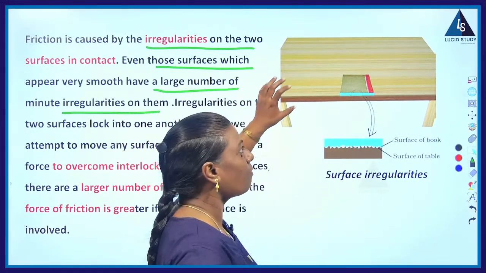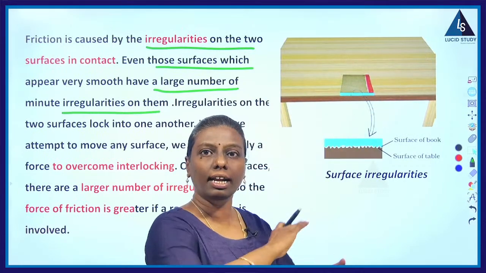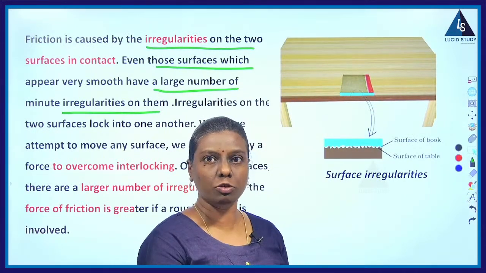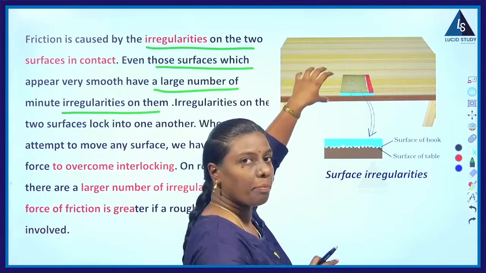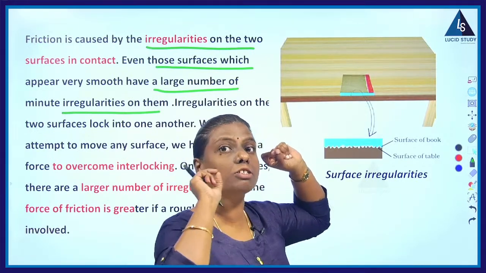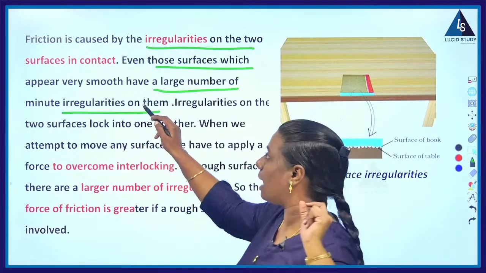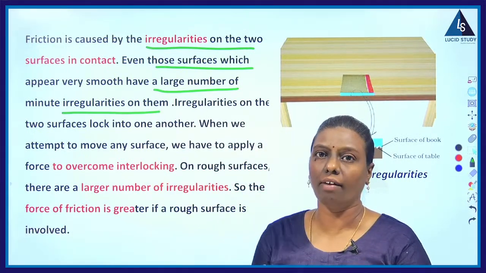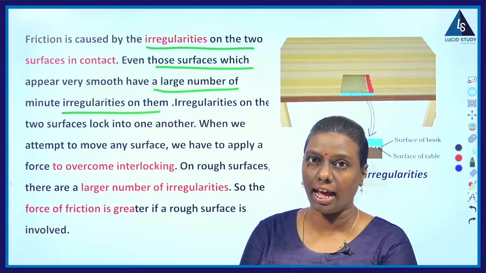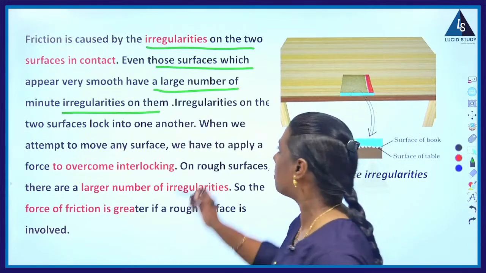Though the table appears as a smooth surface to us, if you observe, there are small minute irregularities, and friction is developed when there are irregularities between two surfaces.